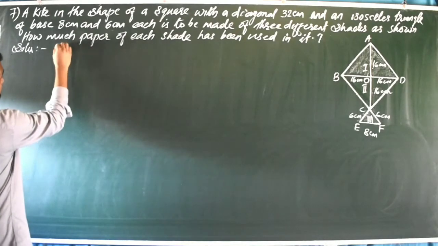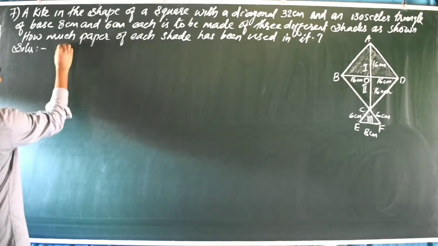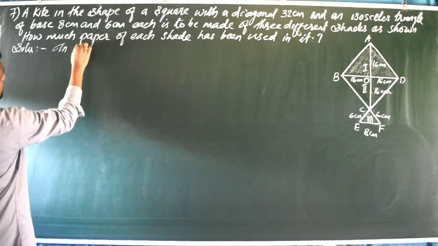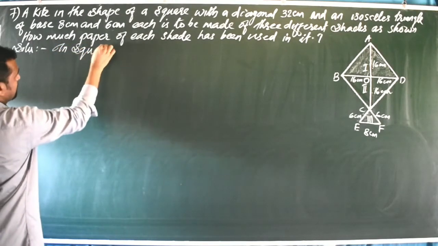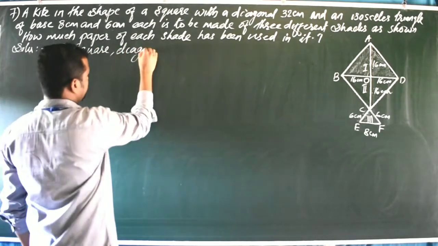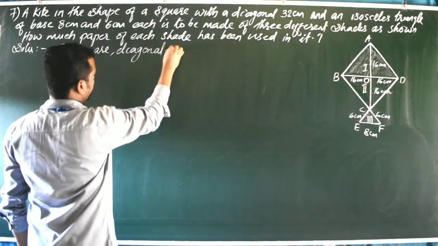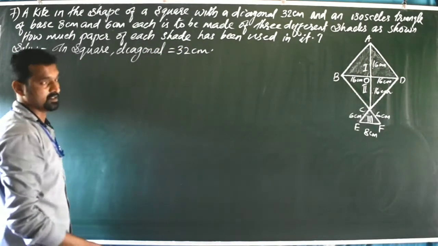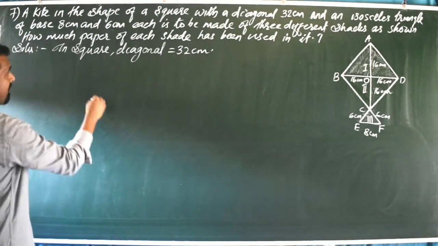For that we will write, in a square diagonal is equal to how much centimeter? 32 centimeter. Diagonal is equal to 32 centimeter.